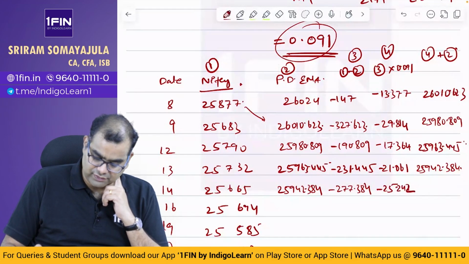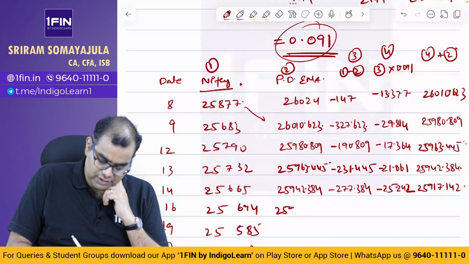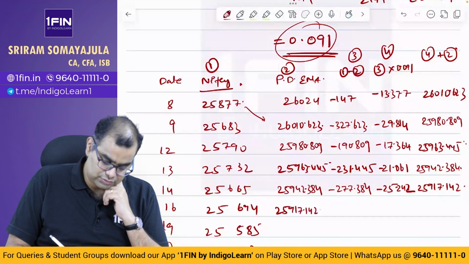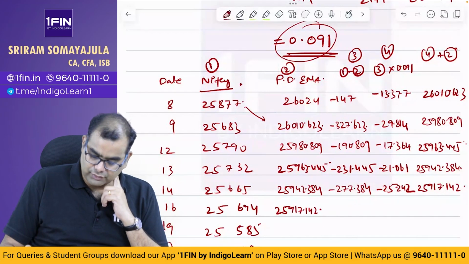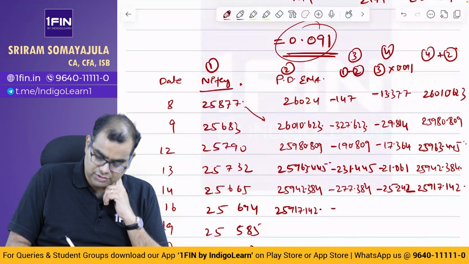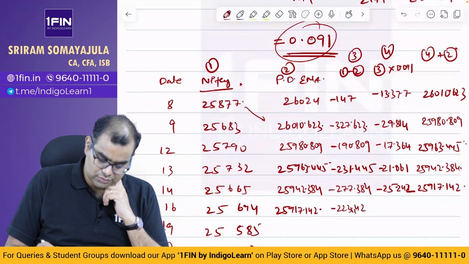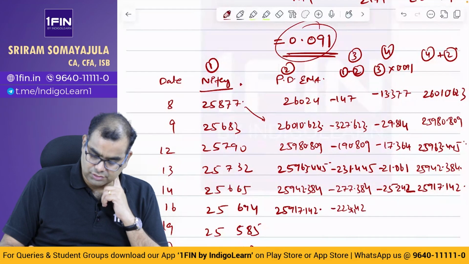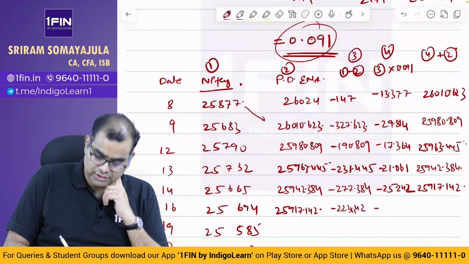So minus 25.242 plus 25942.384 is equal to 25917.142. 25917.142 minus 25694 is 223.142 into 0.091, you get minus 20.306.